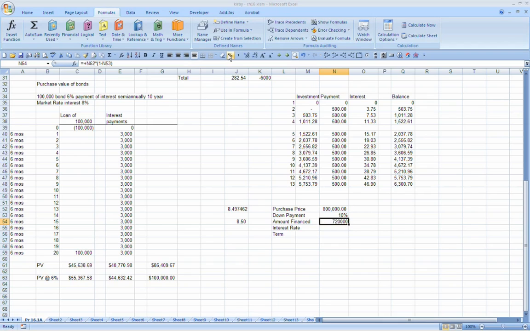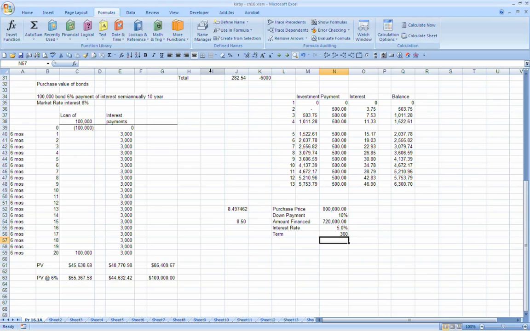So we're going to go out and we're going to borrow $720,000. And we'll do that at, say, a 5% interest rate, except I want it to look like this. And typical loan is 30 years, 30 times 12 is 360 months, okay?